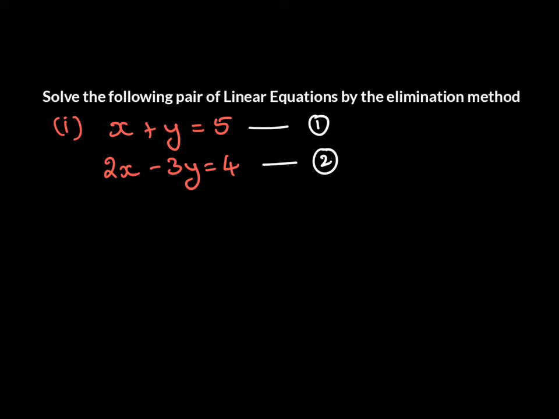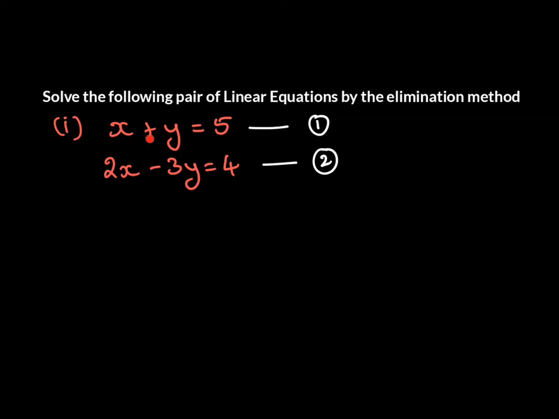Now if we have to eliminate y, then the coefficients of y in both the equations have to be the same and their signs must be opposite. Now let's look at the coefficients of y. Over here we have minus 3 and over here it's plus 1.